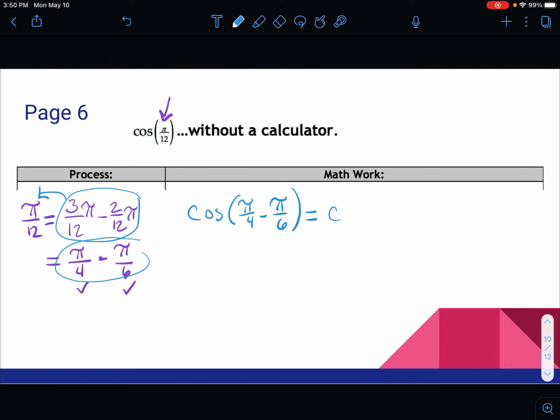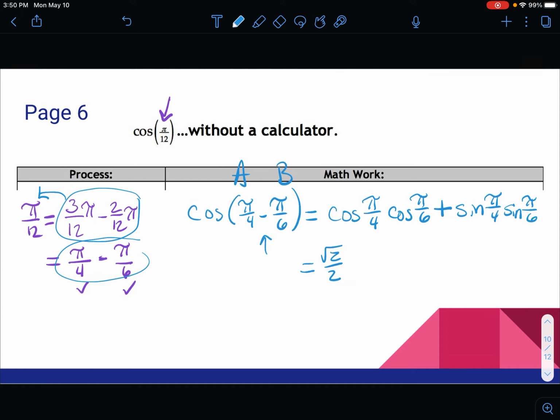So it says cosine of A, remember this is A and this is B, cosine of B, and since this is a difference, in this identity we use a plus. It's really important that you follow that. And then this is going to be sine of A, sine of B.